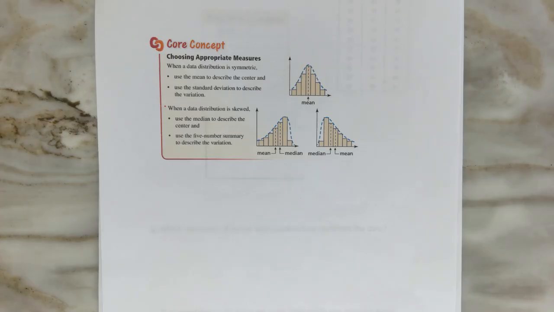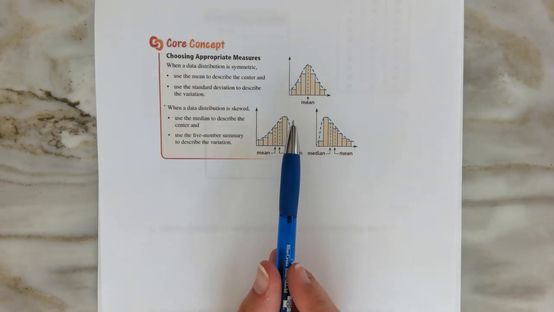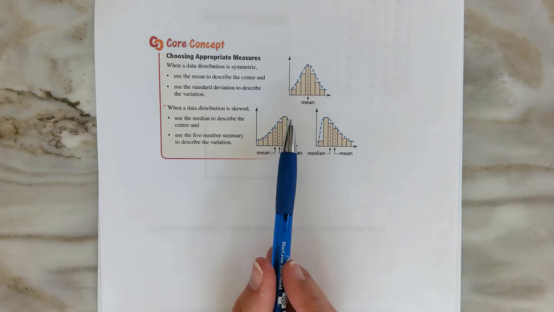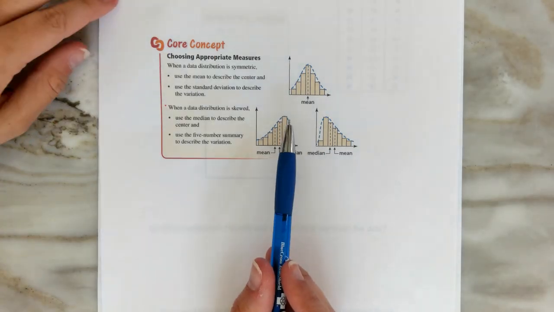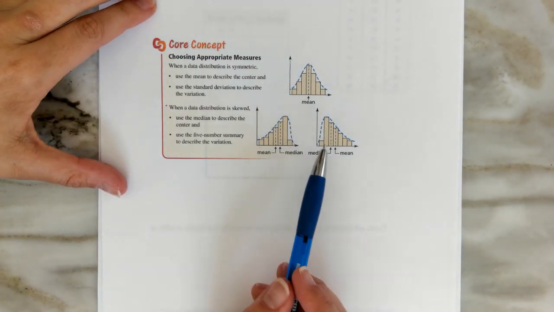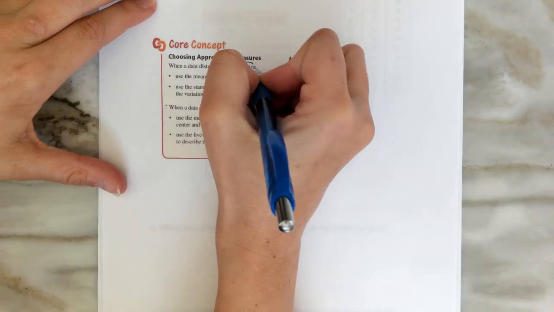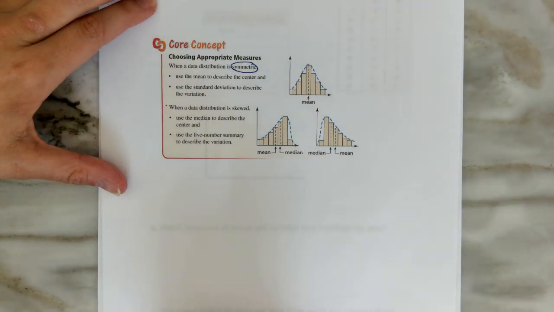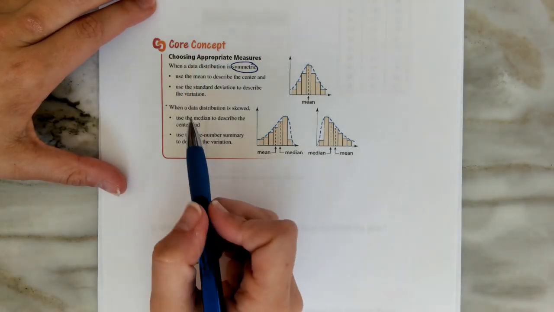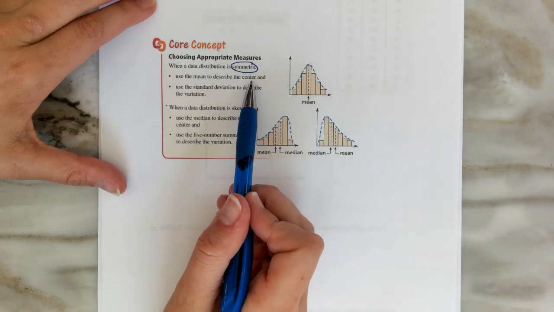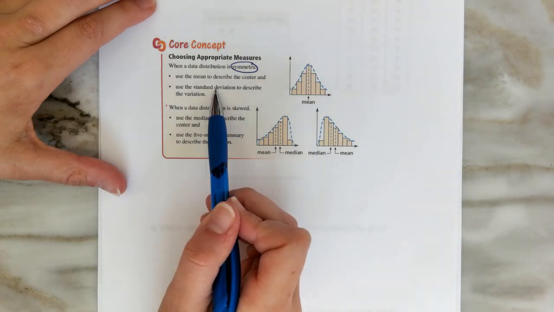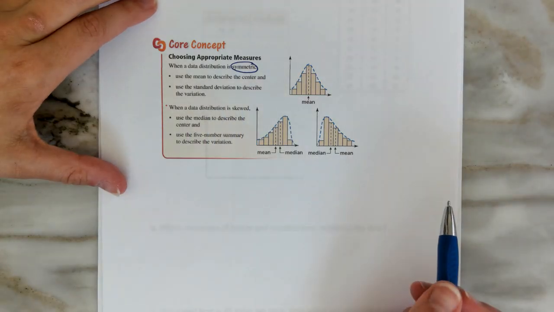Now, depending on what type of shape your data has, you can choose different appropriate measures that would be the best for conveying information from your graph. If your data distribution is symmetric, you will use the mean to describe the center and the standard deviation to describe the variation.